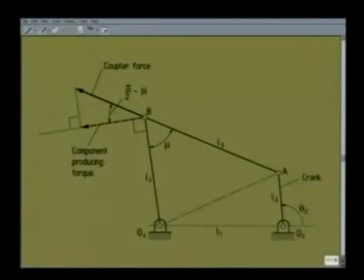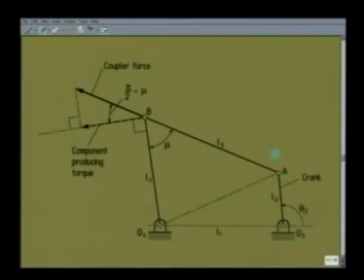Let me explain this concept of transmission angle for a 4R crank rocker linkage. This diagram shows a crank rocker linkage, namely O2, A, B, O4, and let O2A be the crank.